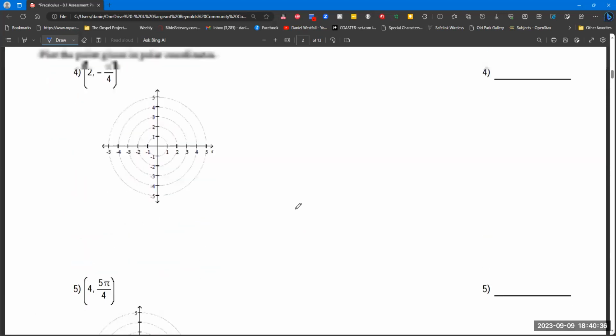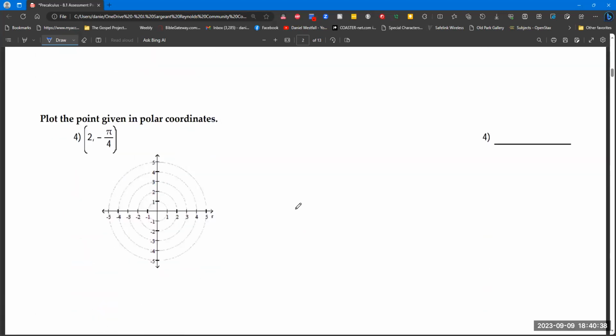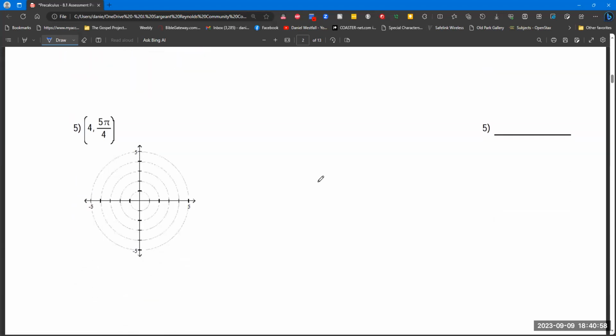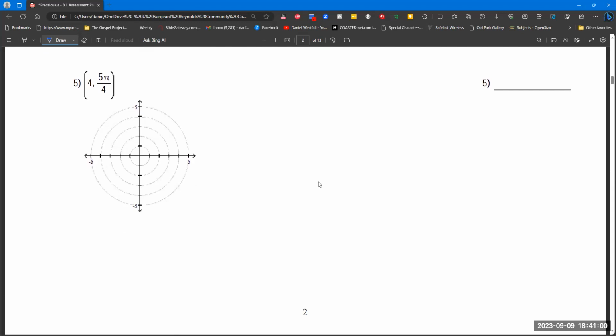Now we're going to have to graph this point. We're at -pi over 4, 2. So we're going to be right there at a -45-degree angle. -pi over 4 is right there. Next, 5 pi over 4.